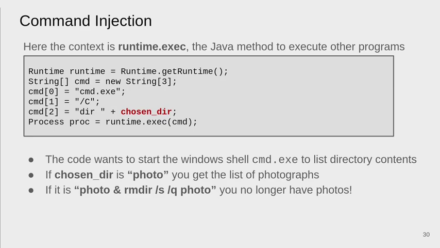If the chosen directory parameter or variable is just photo, you get the list of all the photographs in the directory. If it is photo and remove directory, silent, recursive, photo, you no longer have photos because as a side effect it executes this other command as well, right?